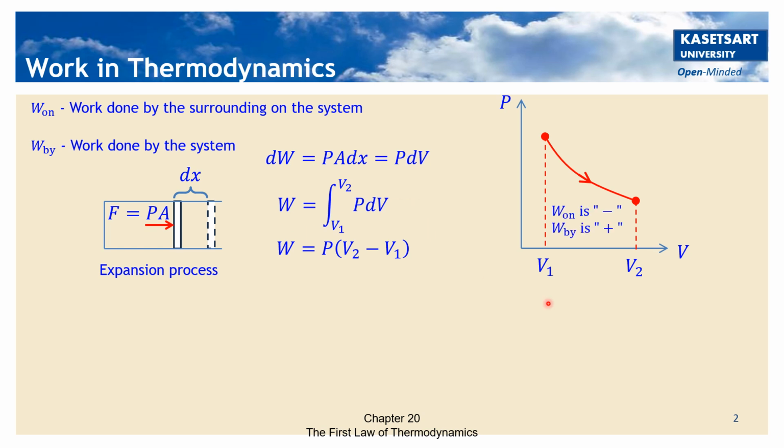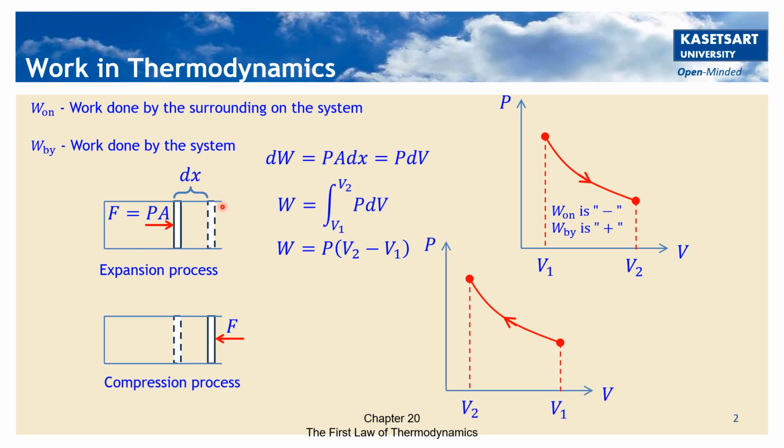From this process, we can see that work on, or work done by the surroundings, will be negative. But work by means work done by the system. You can see the system expands, so the system does some work. Work by the system will have the positive sign. For the compression process, the final state is here and the initial state is here.